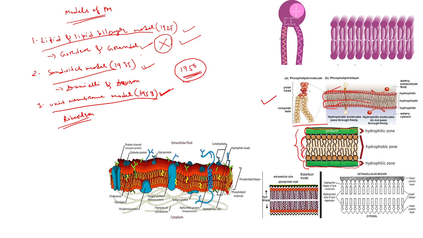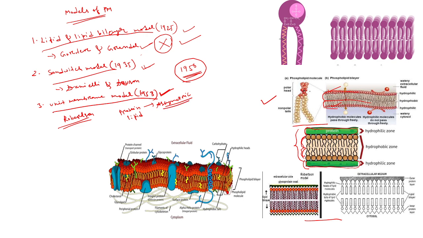Okay. So what is the unit membrane model? According to that, here the protein layer, this is the unit membrane model. According to this model, the protein layer contains protein and lipid, and the protein is asymmetric.